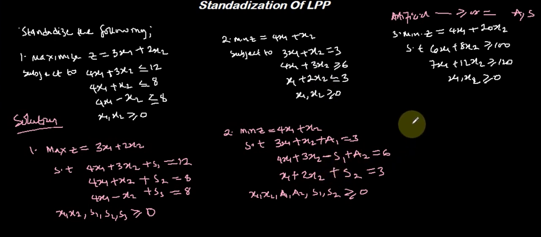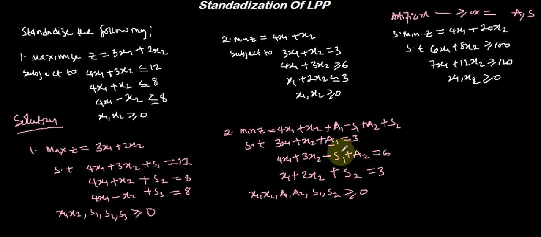Let's look at the third example. Before that, I omitted something. When we are standardizing a minimization function, we are going to include a1, the first a1 here, and we are going to include minus s1 plus a2 plus s2.